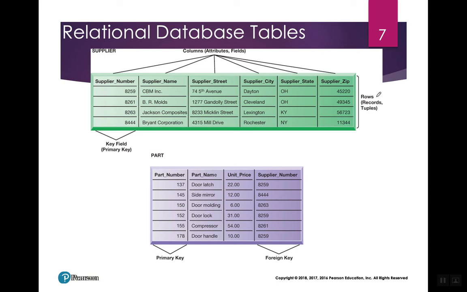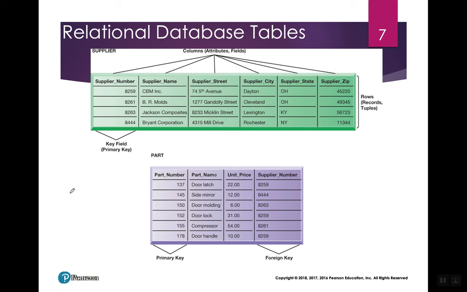So we've got rows, which are also known as records, which are also known from a mathematical basis as the tuples. Okay. And we can have any number of rows in this database as long as we've got physical space to store it. Right? So a relational database can contain millions of rows. Right?